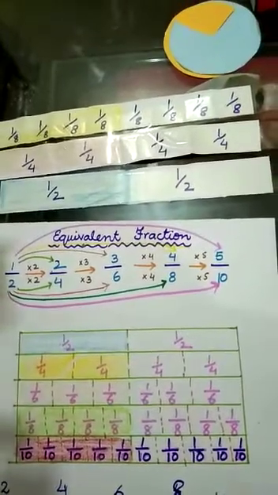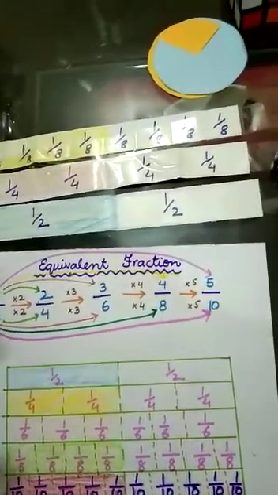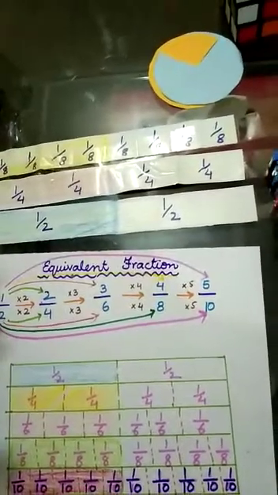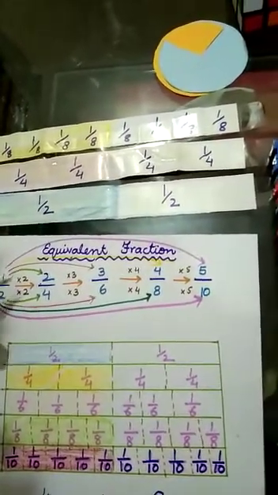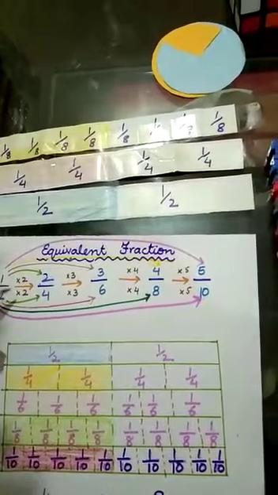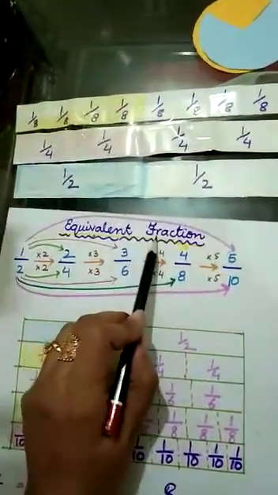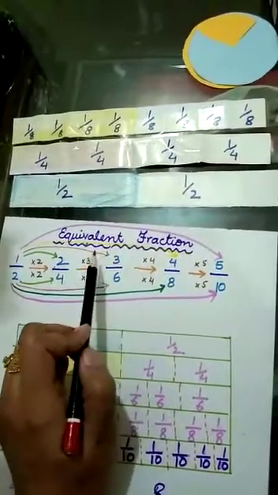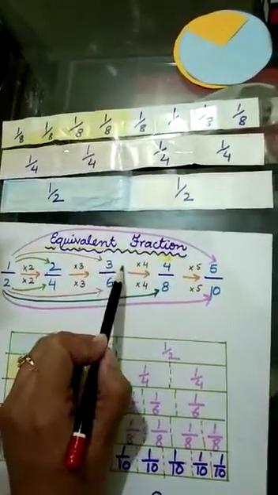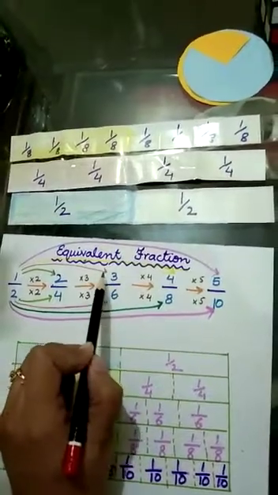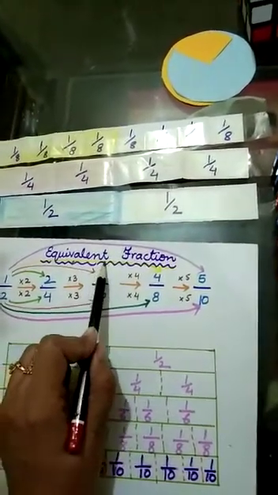The other thing is that if you multiply the numerator by 2, then you have to multiply the denominator by 2 also. It means you have to multiply or divide by the same number. So we can determine equivalent fractions either by multiplication or by division.